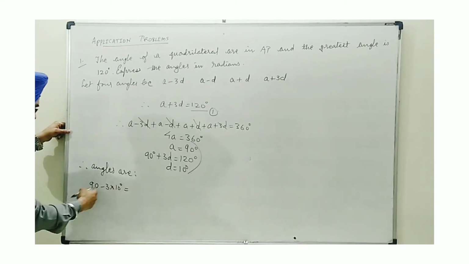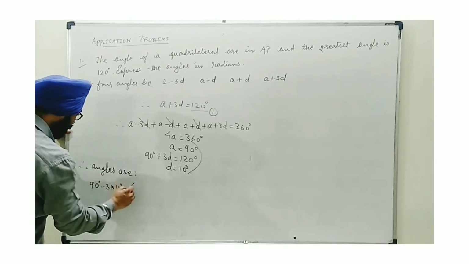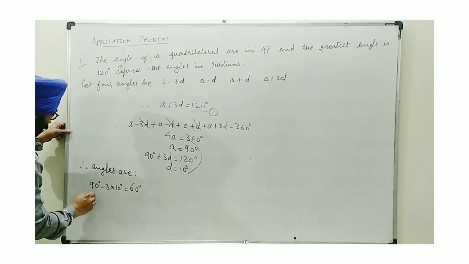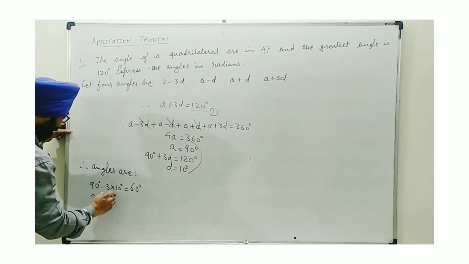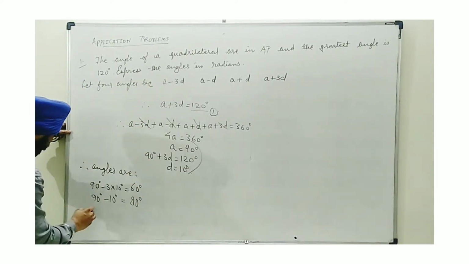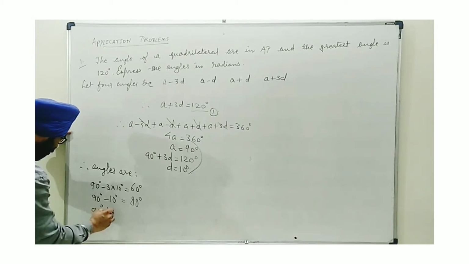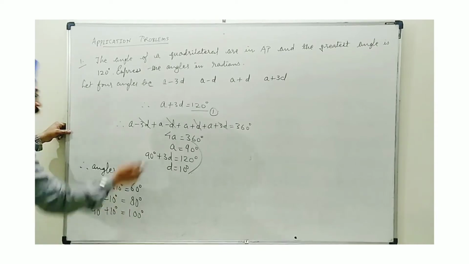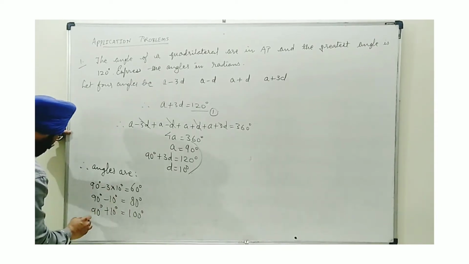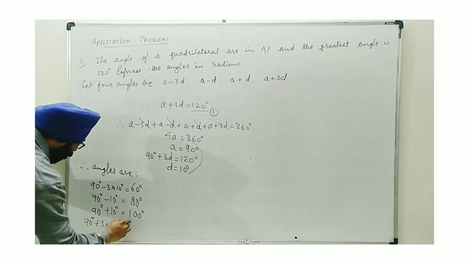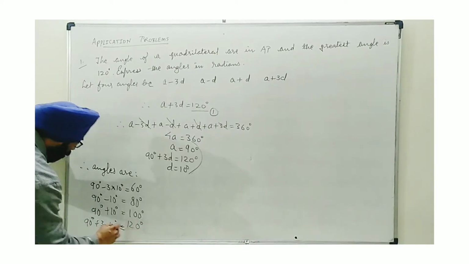It comes 30, subtracted from 90 degrees, we get 60 degrees. Next, A minus D, so 90 degrees minus 10 degrees, it comes 80 degrees. Then A plus D, 90 plus 10, so we get 100 degrees. Then A plus 3D, 90 plus thrice of 10, so we get 120 degrees.